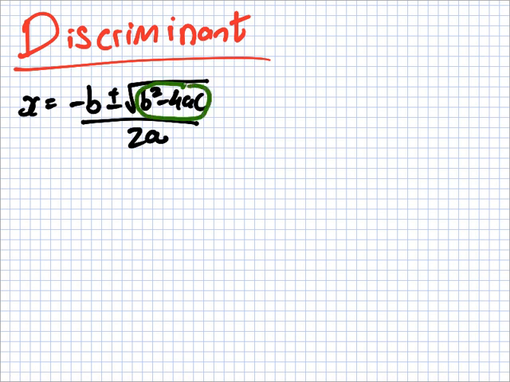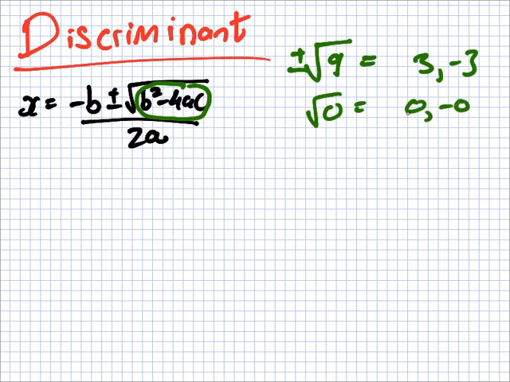Because if it was positive, for example 9, then you have two values, plus or minus 3. If it was 0, then you really only have one value, because 0 and minus 0 are the same. And if it was negative, then you have no real values. So the b squared minus 4ac tells us a lot about the quadratic.